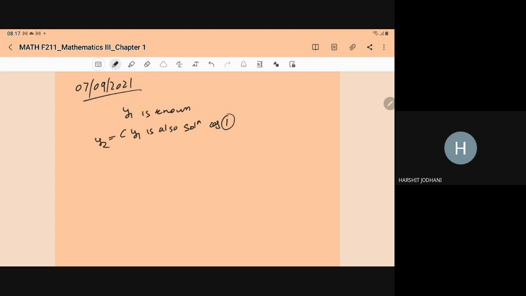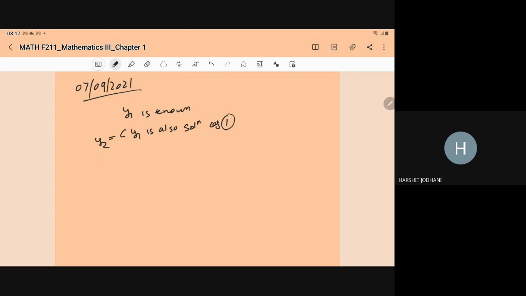So we could say let it be y2. But what we want is a linearly independent solution. We cannot write it like this, because if another solution is a constant multiple of the one solution, then they are linearly dependent. But we are interested in another linearly independent solution.